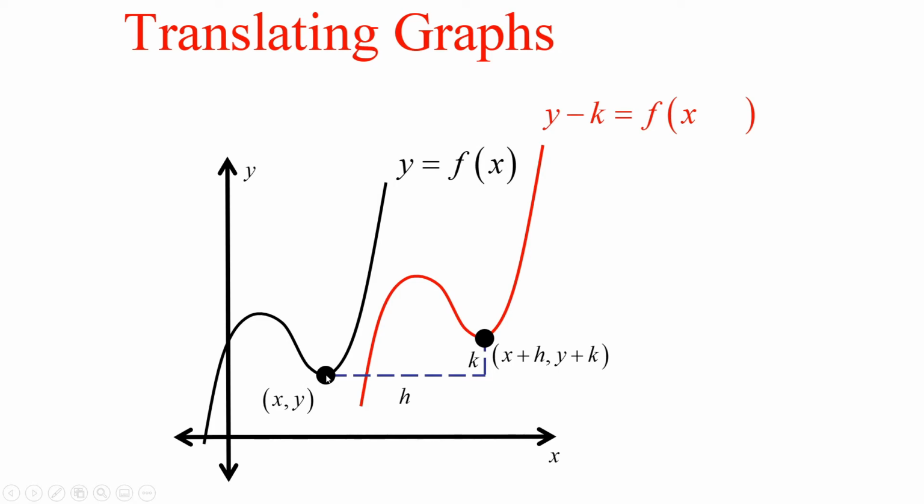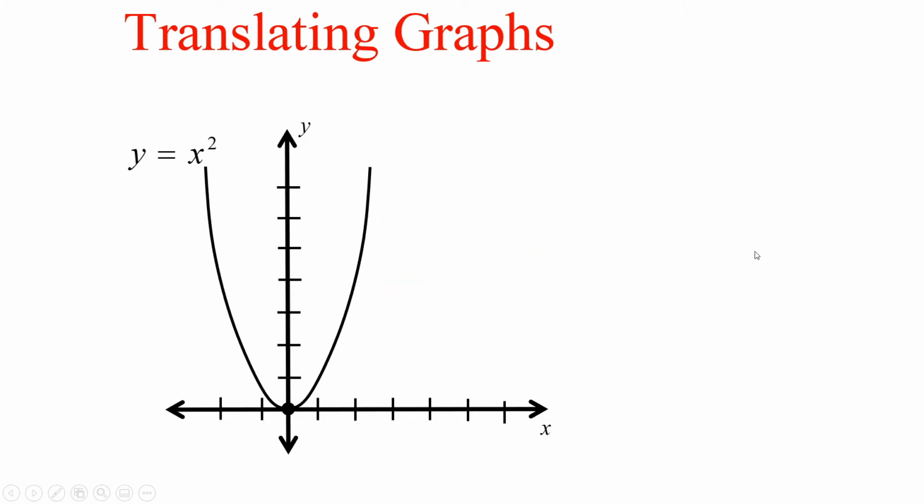If I translated h units to the right, then I'm going to have to go f of x minus h. All right, there it is. So if this function in black is y equals f of x, then the function in red would be y minus k equals f of x minus h.